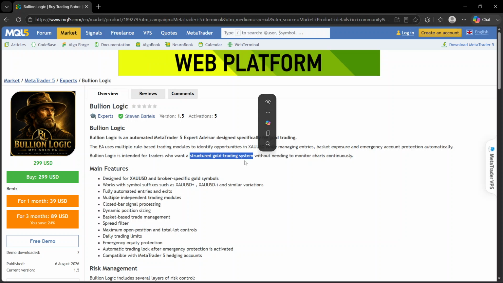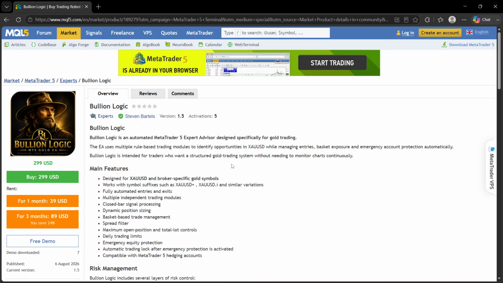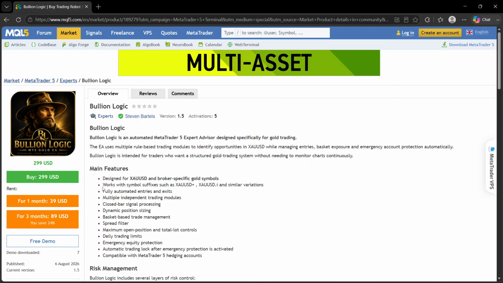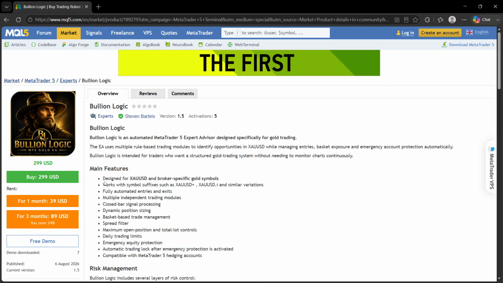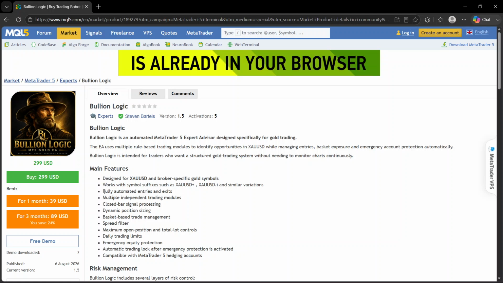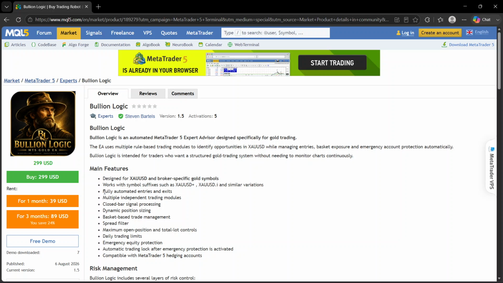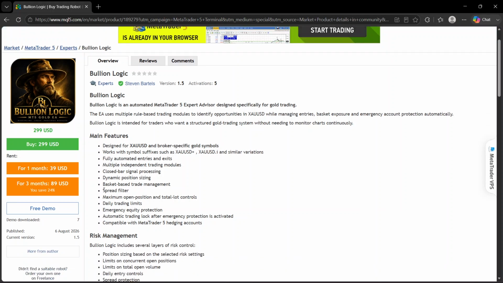Now they are clear that it can open additional positions inside an active trade basket when its programmed conditions are met, and because of that, they classify it as a grid style system. One important point to note is that it does not use progressive martingale lot multiplication, so the trade volume stays under the risk settings, basket limits, and total volume controls you set.